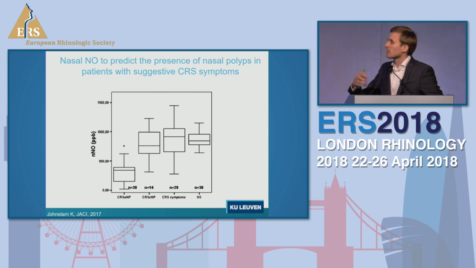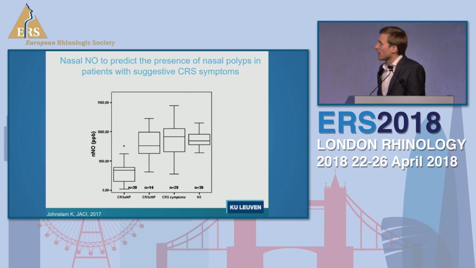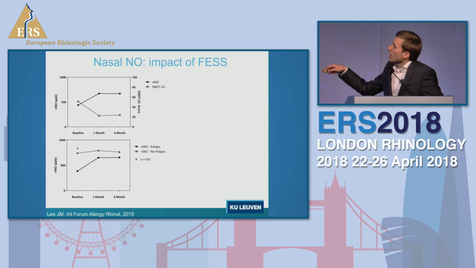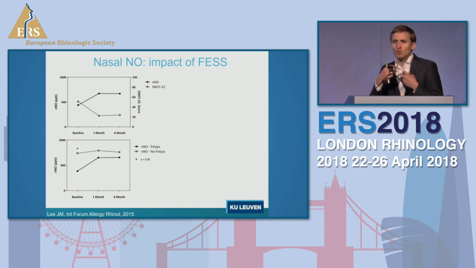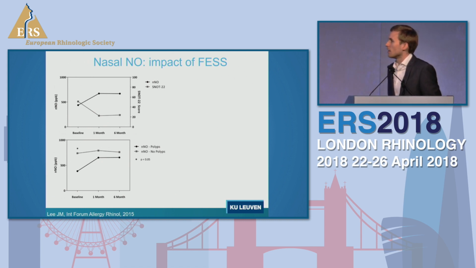We would think that we would see increases, but what we see here is that patients with nasal polyp disease have decreased levels of nasal NO. And I think this next slide explains this finding, because if we look at baseline or post-surgery, we see that the nasal NO increases. So this NO is produced in the sinuses. You clear the obstruction, and then the NO more easily can be measured.